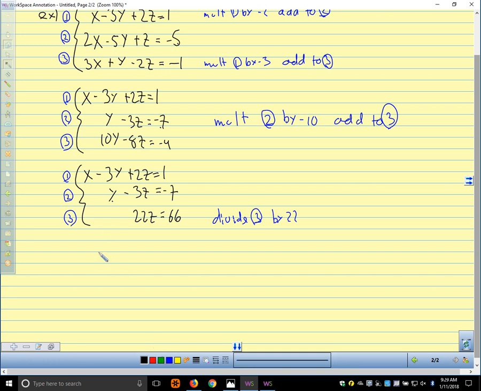All right, so then finally, my final system in row echelon form is going to be this. Z equals 3.